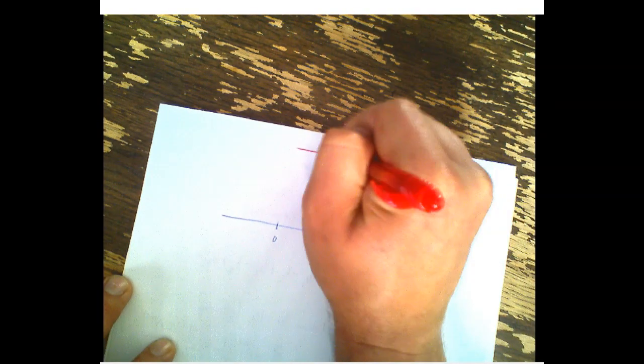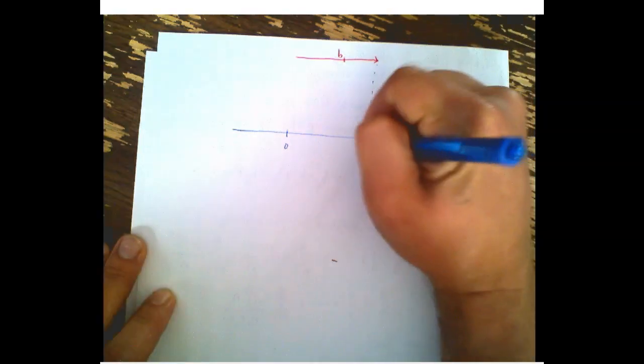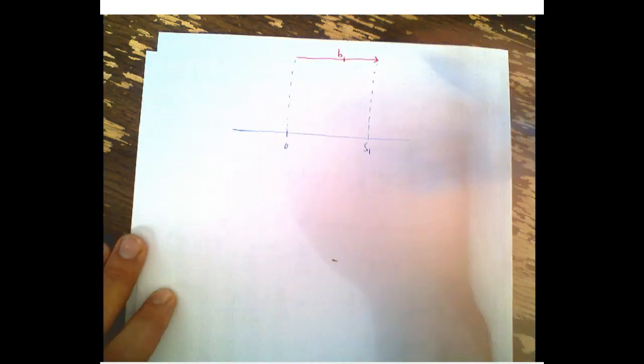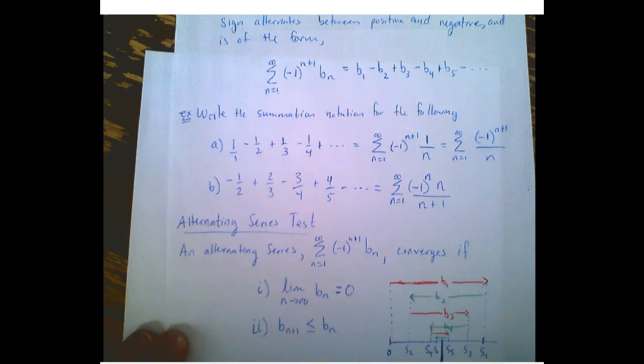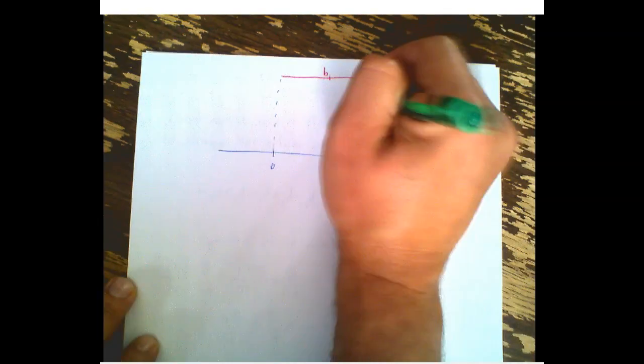Say here's 0. So we would first add b1, right? Giving us our first partial sum here, S1. Now if b2, so remember that the condition on the next term would have to be less than in order for it to converge, like we saw here. If it's not true, if the second term is larger, then that's going to put us past 0, right?